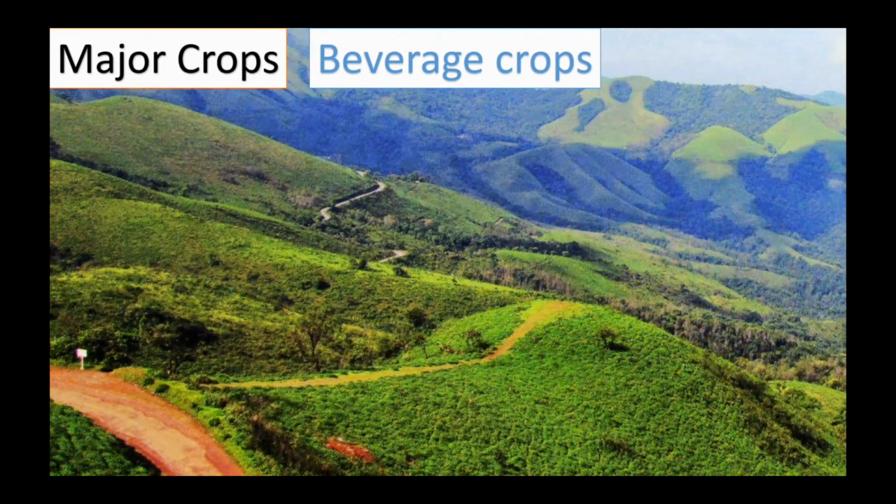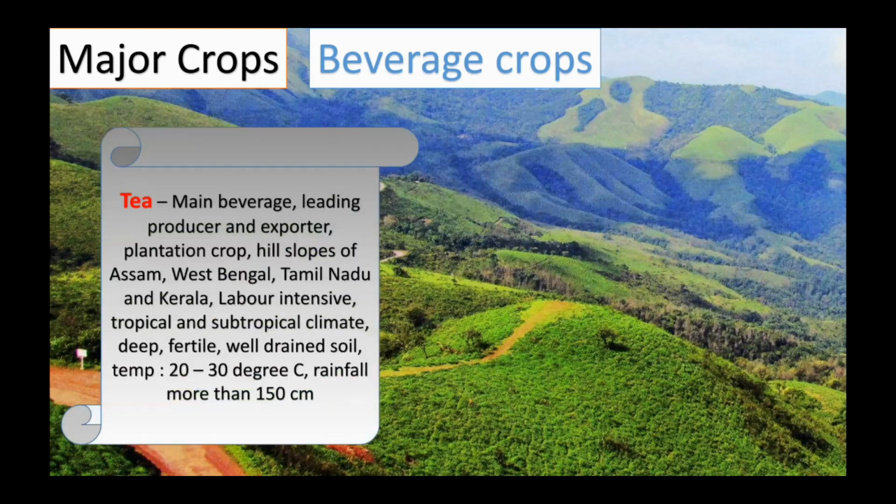Next, our discussion topic is beverage crops. That is tea. You see the area now, that is the tea growing area, the Baba Budan area of Karnataka. Tea is the main beverage crop of India, that you know well.